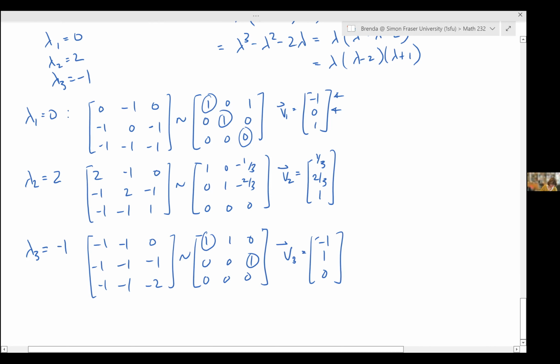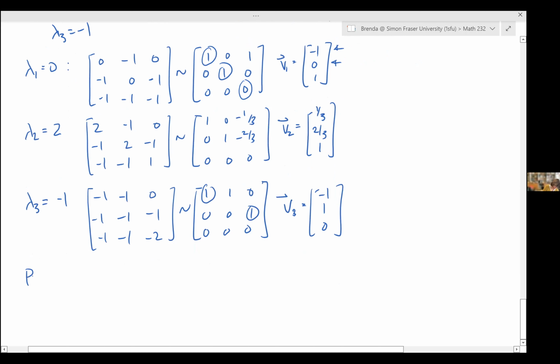And that now allows me to form the matrix P. I form the matrix P. I put the eigenvectors in as columns. I invert. If you think you need practice inverting, go ahead and invert one time in your life.